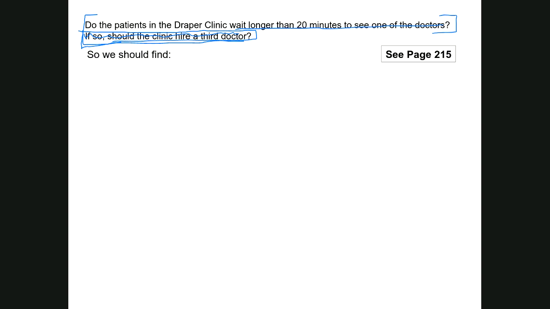So the question now we should ask ourselves, which one of the operating characteristics should we find? Is it the number, or is it the time, or is it the probability? Hopefully you see right away it's the time, because we're asking, do they wait longer than 20 minutes?